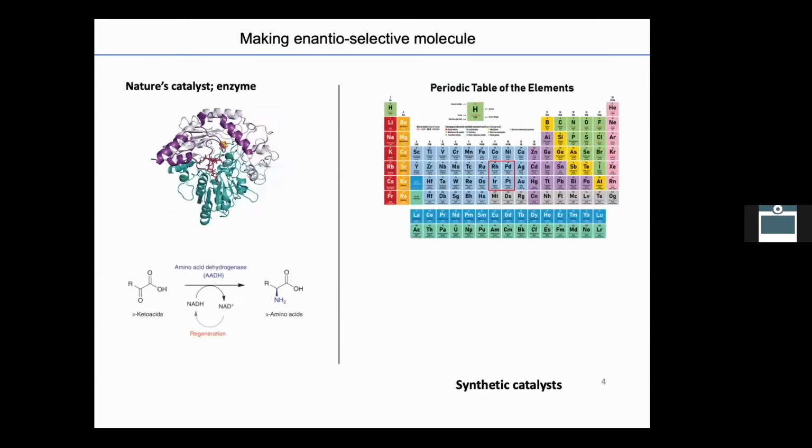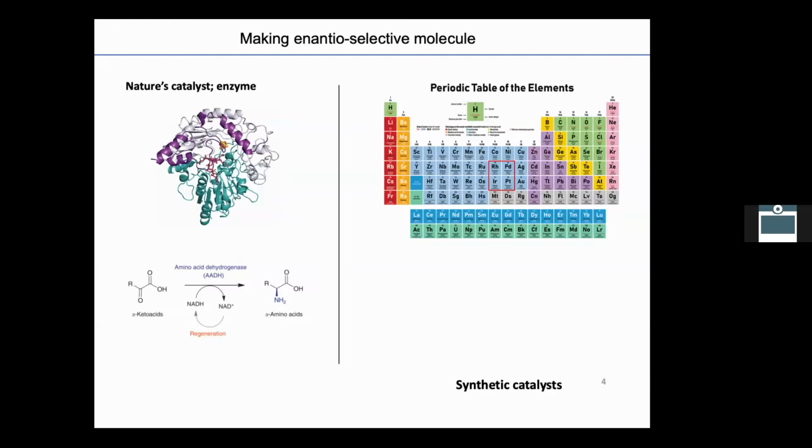Now, in our bodies and other biological systems, enzymes catalyze reactions. And these reactions are very specific, meaning they only make one enantiomer. Enzymes are really good at it because they have evolved for millions of years for a specific task.